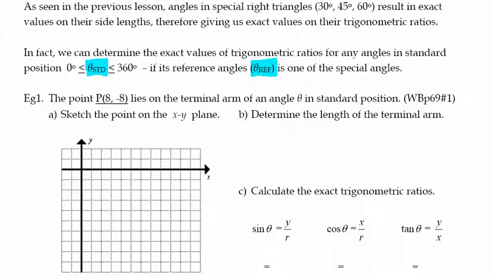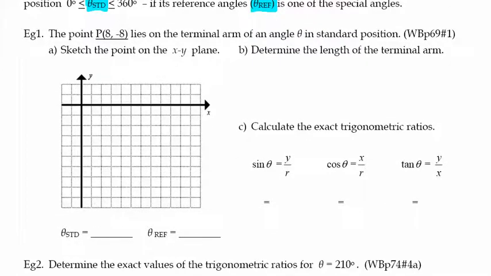So here in example number 1, we have a point 8 and negative 8. Here is 8 and here is negative 8. This point on the graph will now give us a terminal arm. And this terminal arm will give us an angle in standard position going from 0 degree, the positive x-axis, going counterclockwise to get to this terminal arm.